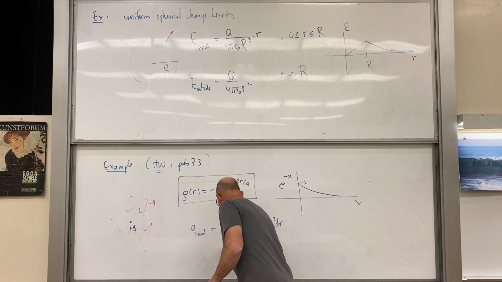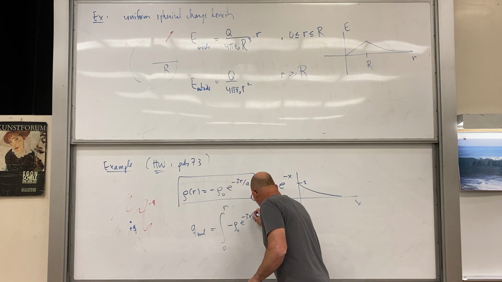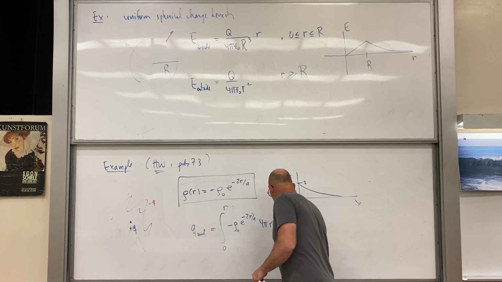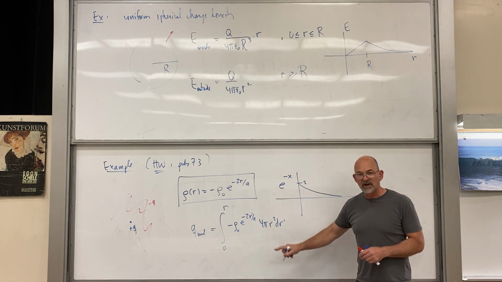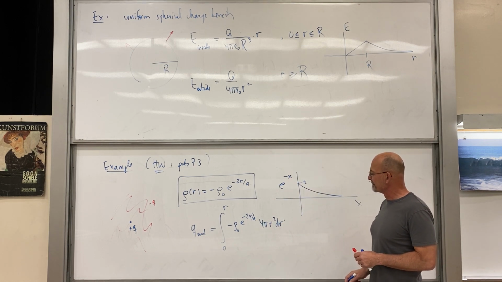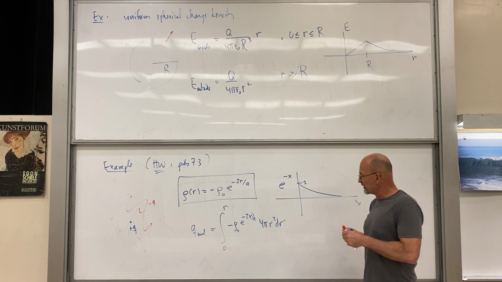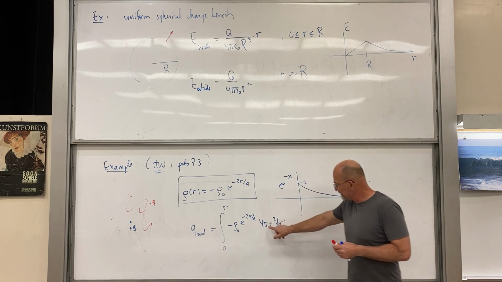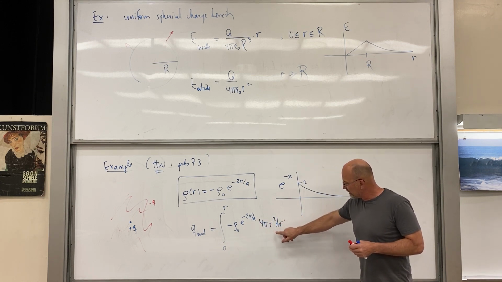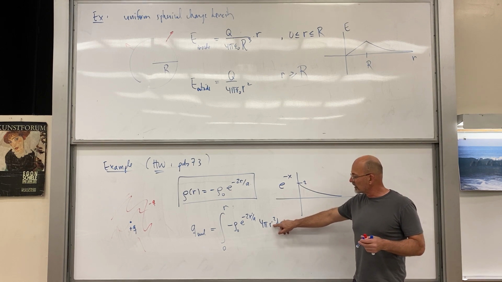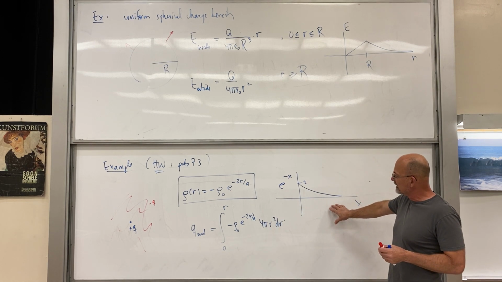And our integral would go from 0 to r, which means we have to call these r's r prime as integration variables. Okay. So this exponential is vastly more powerful than the r squared, so this is going to converge very nicely.